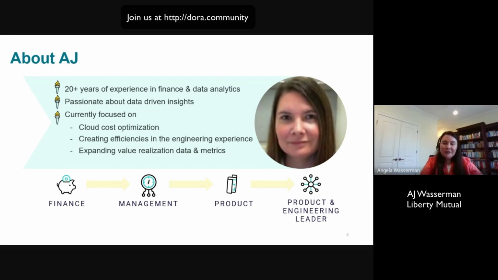I'm currently focused on really driving cost optimization at Liberty. I'm sure for every company, it's a priority this year to really save money where you can in this economy, but also partnering with teams across the enterprise to really drive efficiencies in the engineering space and really bring some meaningful data to help with data-driven insights and to support data-driven decision-making. So I'm really excited to be here today to share our journey and to participate in the community.